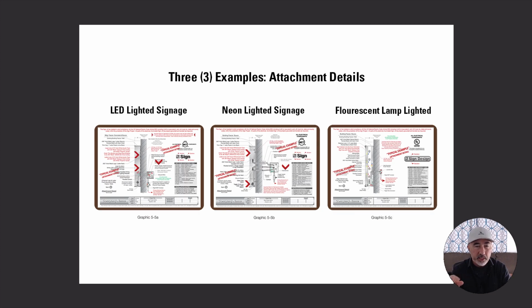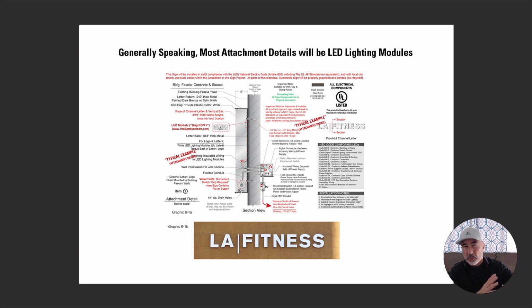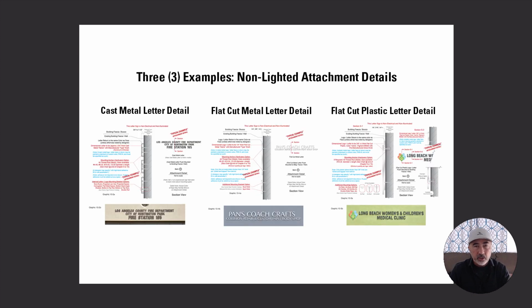Lastly, on page 26 of this chapter, there are 3 details shown for comparison so a designer can see the difference in how they look between LED modules, neon tubing, and fluorescent lamps, so they can see it side by side and know that those are the 3 main lighting components, but they only will be using mostly LEDs. So just a quick note, in some cases, for one reason or another, a designer will be asked to draw a non-illuminated sign detail. This book has those details.